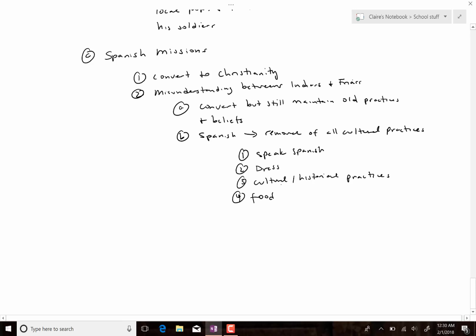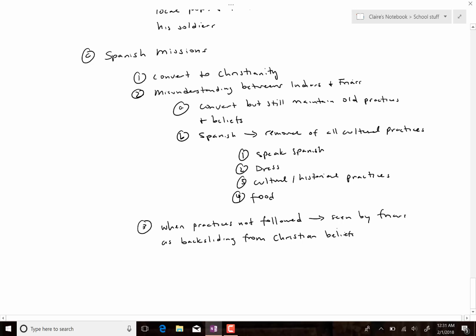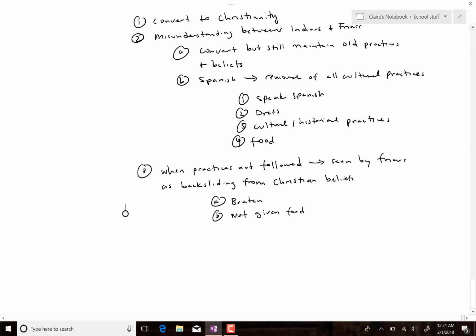And when these practices were not followed, or they were caught speaking the native language, it was seen by friars as backsliding from Christian beliefs, and they weren't kind about those who became Christians and then didn't follow it. They were beaten, not given food, and other things like that, which of course created tensions and problems.